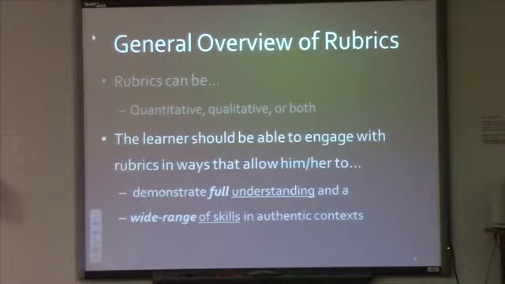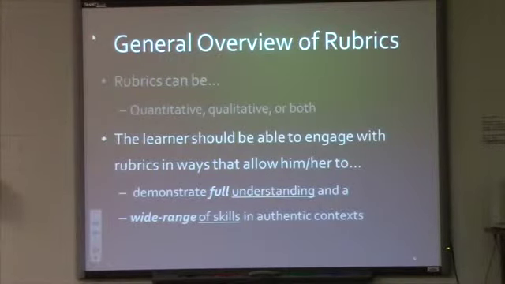So full understanding might be full understanding at that learner's level, but not full understanding at the grade level. So you may have another learner in that same classroom who is demonstrating full understanding in terms of the individual, but it happens to be that his or her full understanding is also at the full understanding of that grade level expectation. You guys follow me?